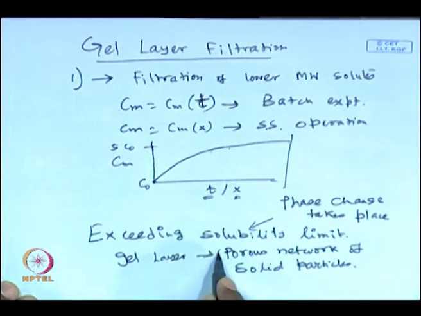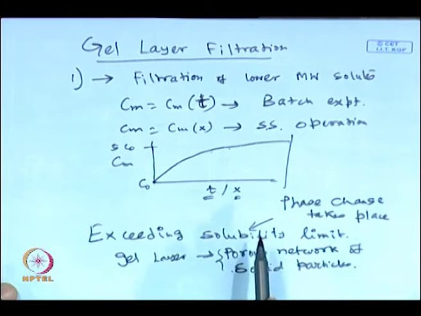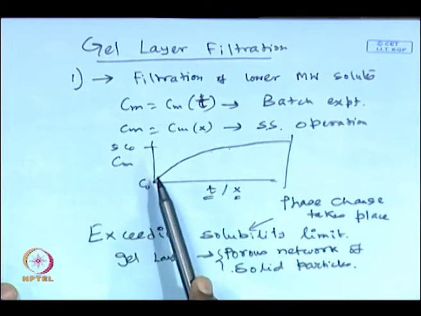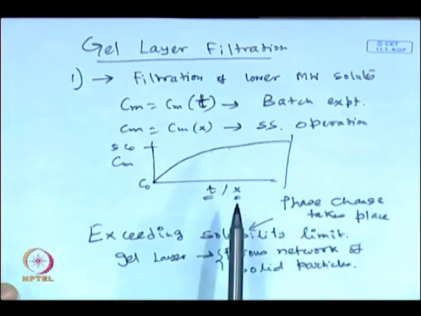Okay. So, that leads to the formation of the gel layer, but since it is porous, you can still expect some amount of solvent flux, some amount of J, out of it, but that will typically be lower, and in this case we would like to avoid the gel layer formation, right.